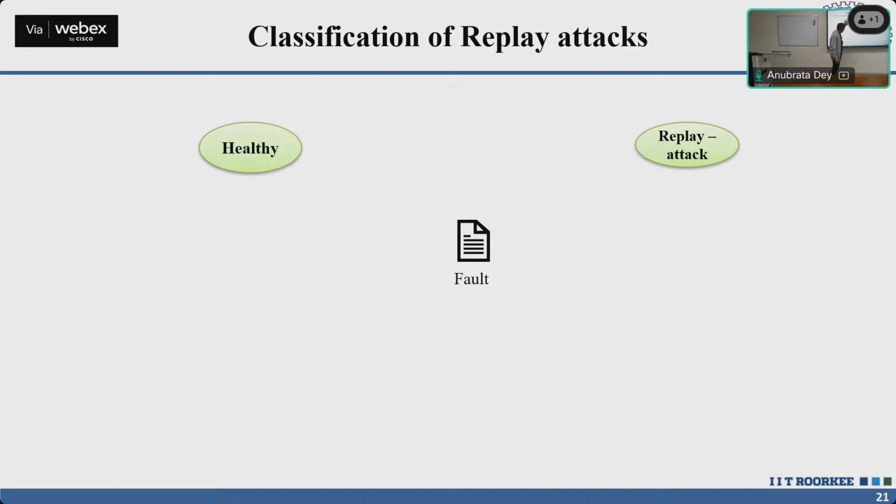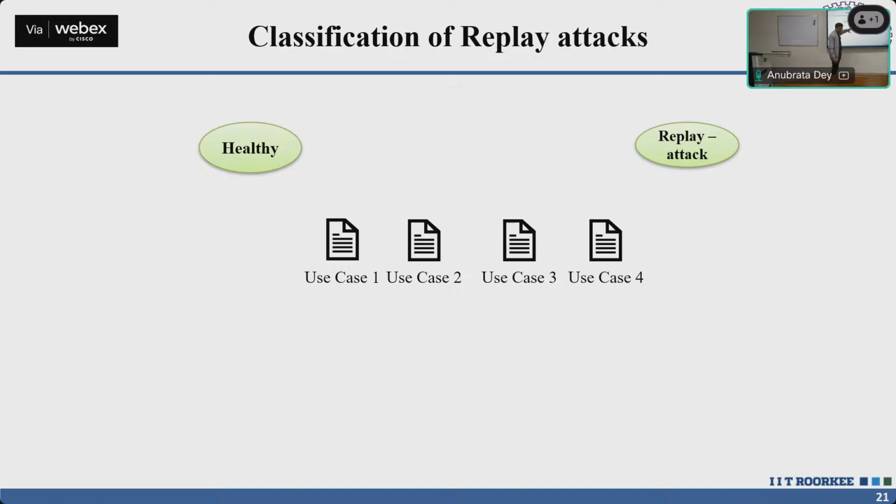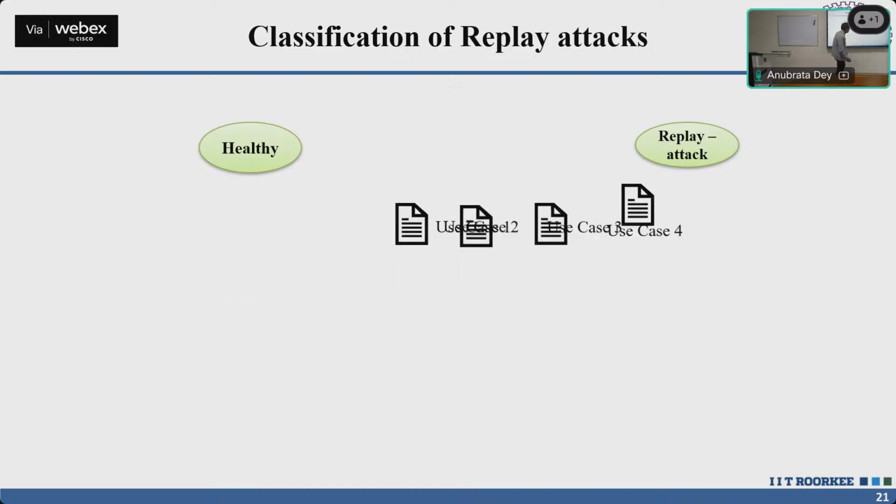Fault also comes under the healthy part, because here our concern is just to differentiate between the normal or fault condition and the attack condition. And for replay attacks, you can consider a number of scenarios. Here I have shown 4 cases, you can consider n number of cases, and all those cases come under this attack part.